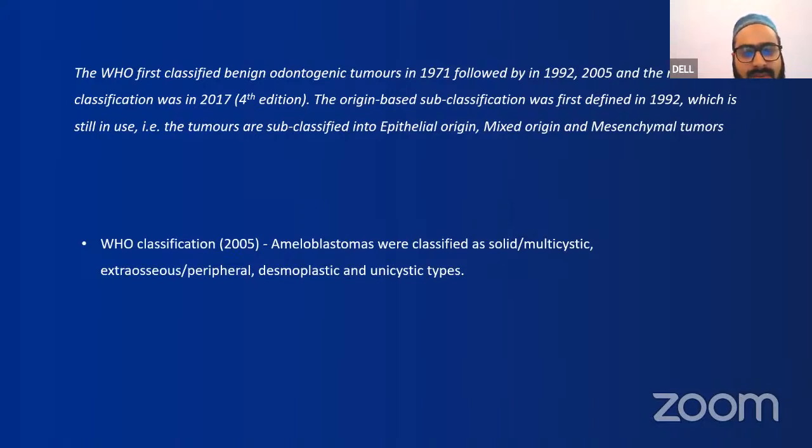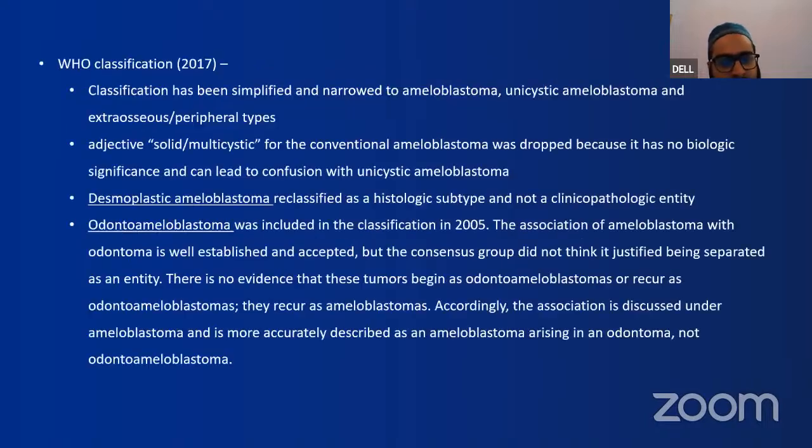In 2005, ameloblastoma was classified into four variants: solid or multicystic, that is the classical one, then extraosseous or peripheral, then desmoplastic, and unicystic types. The desmoplastic was again reclassified in the 2017 classification as a histologic type, not as a clinicopathologic entity.